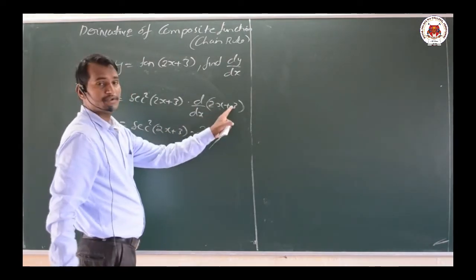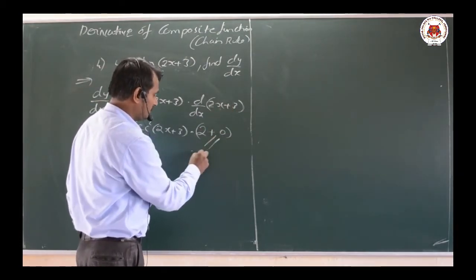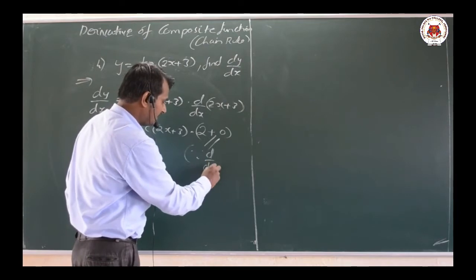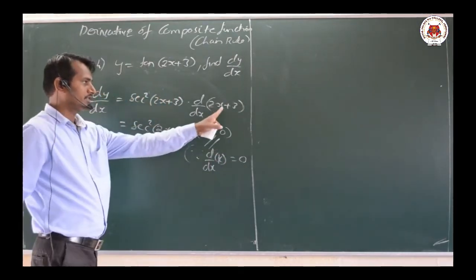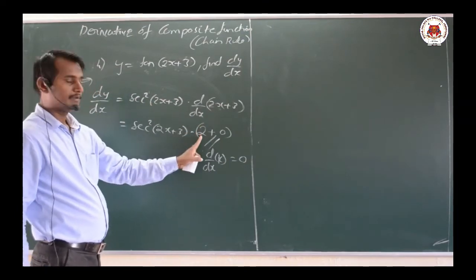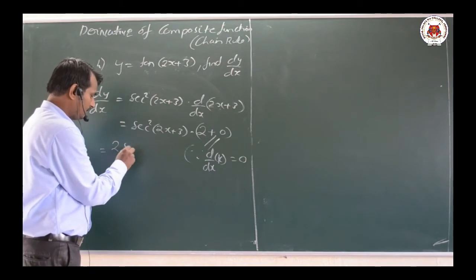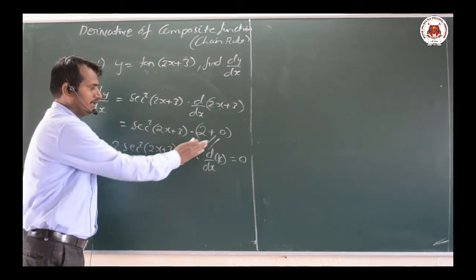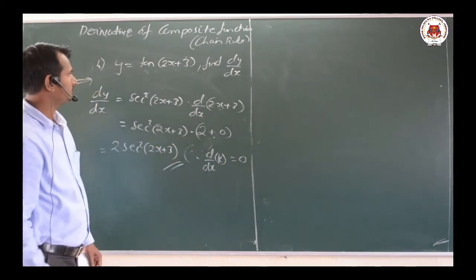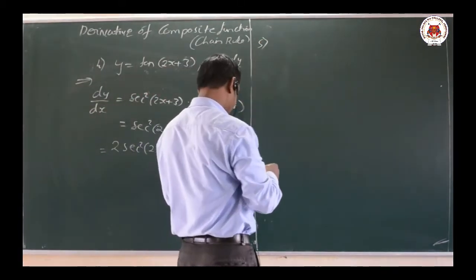Here 3 is a constant, its differentiation is 0, plus 0, because d by dx of k is equal to 0, and x differentiation will be 1. Therefore what remains is the constant value. I can also write it as 2 into secant square of 2x plus 3. Very simple problem.